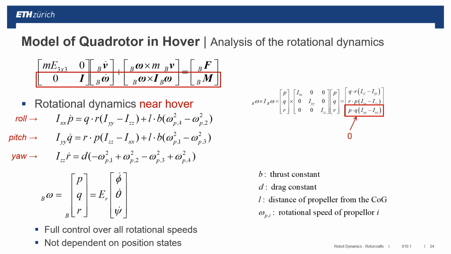For the pitch axis, you can see exactly the same, of course with the rotational speeds around the y-axis. And for the yaw direction, we can see that the acceleration around yaw is directly proportional to the sum of all rotational speeds of the rotors in square. This shows us that for hover, the whole model becomes quite reasonable and the complexity is not too high, and so this allows us to find appropriate controllers at a later stage.